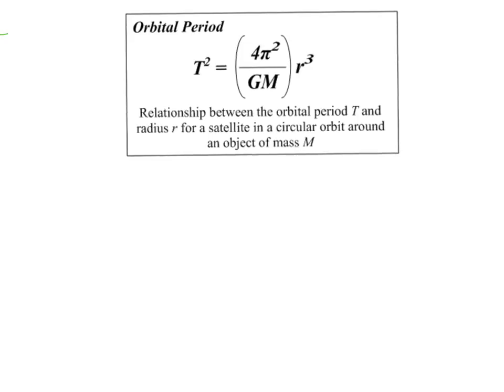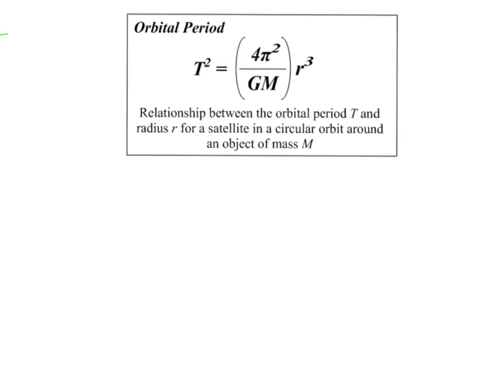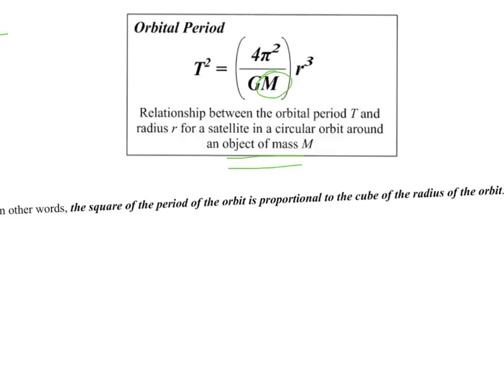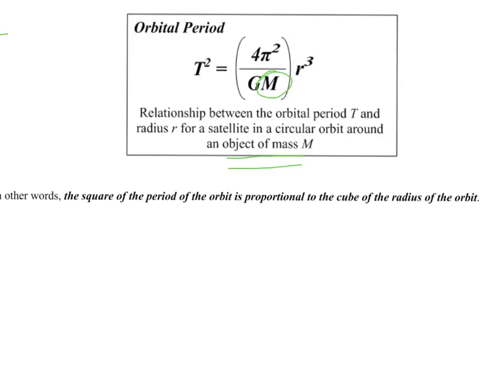In a continual cleaning of it, we end up with an expression for orbital period. And again, it's important to remember that the mass in this is the mass of the object being orbited. So in other words, this is telling us that the square of the period of the orbit is proportional to the cube of the radius of the orbit.